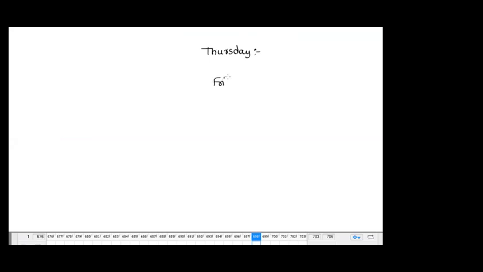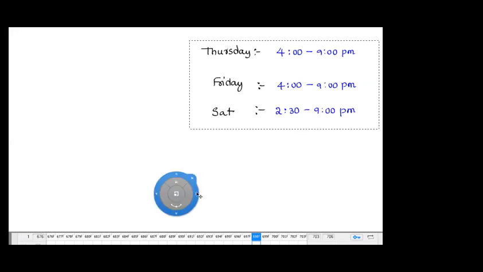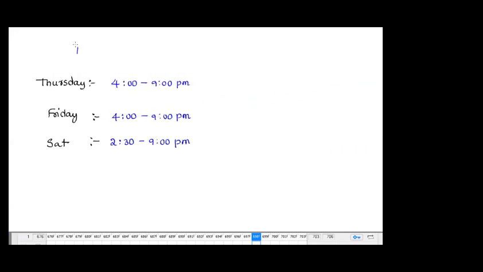See, this is our timetable that we are going to follow. Thursday, 4 to 9 p.m., and Friday also 4 to 9 p.m., but Saturday 2:30 to 9 p.m. So these are the timings for all batches. Whatever the batch, this is going to be the timing.